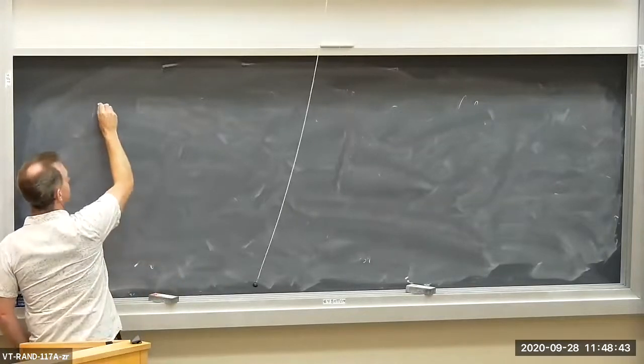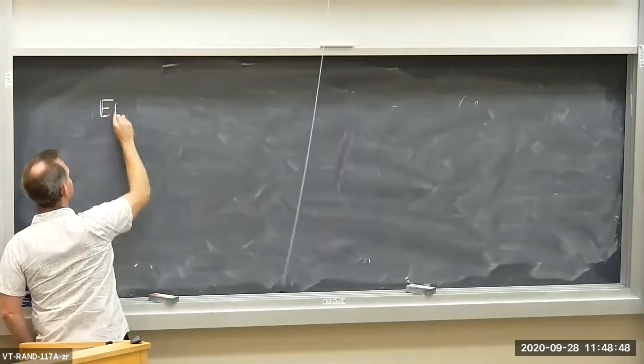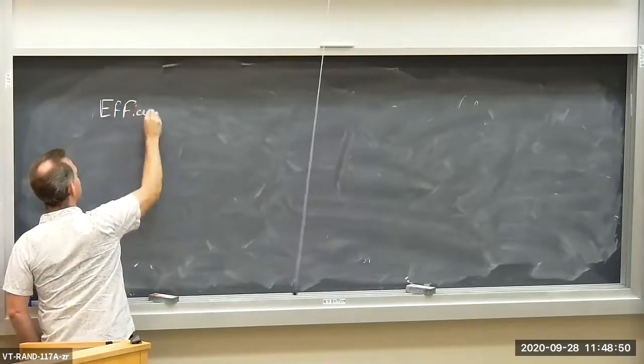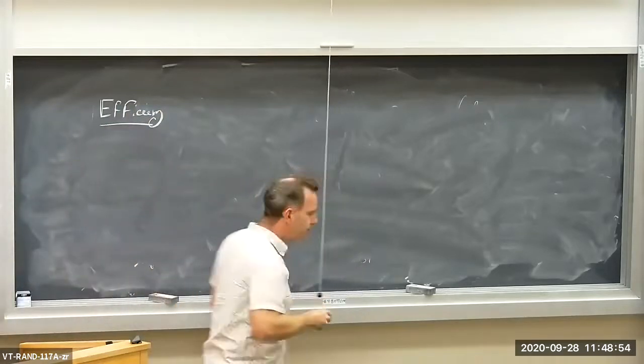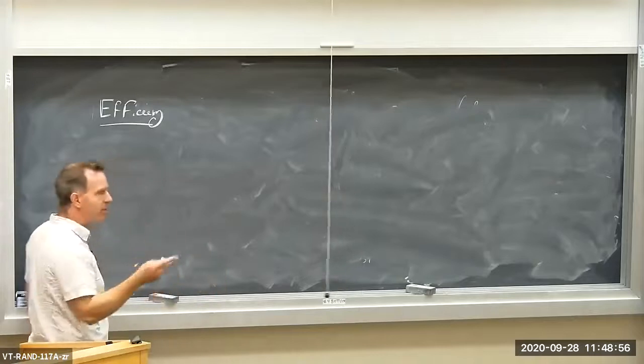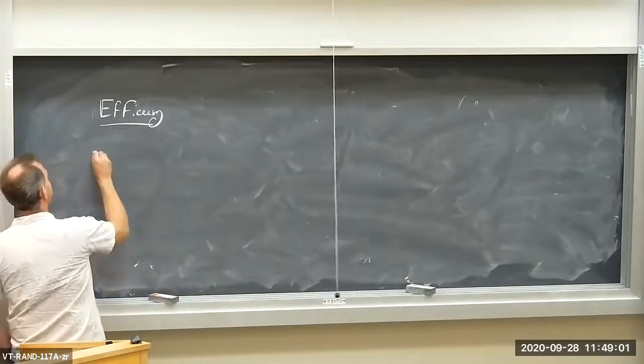So the concept of efficiency. Let's define efficiency. What is efficiency? We're going to go over the 3 different devices and calculate their efficiency. So I want to introduce the concept first.